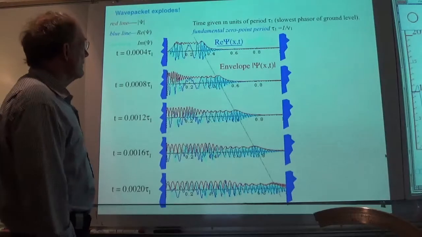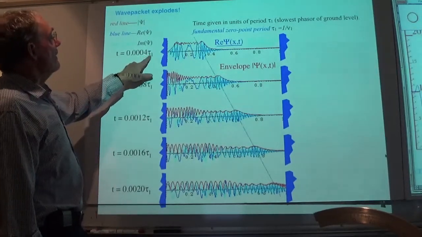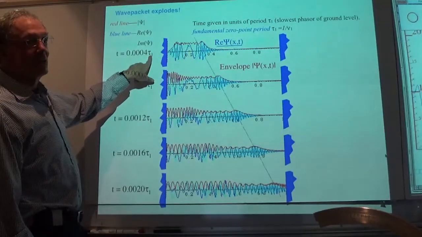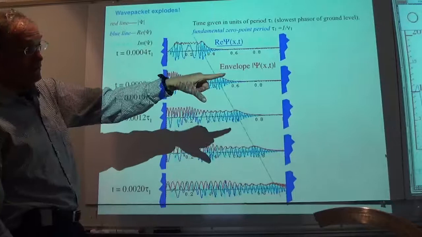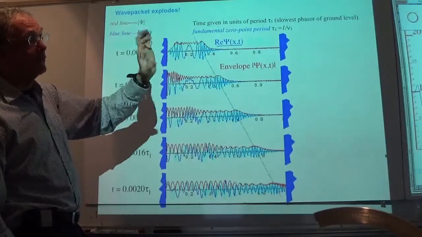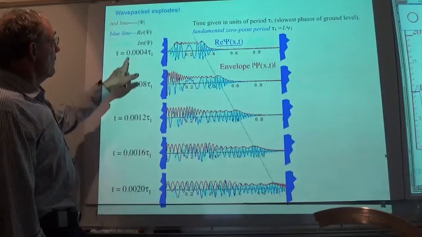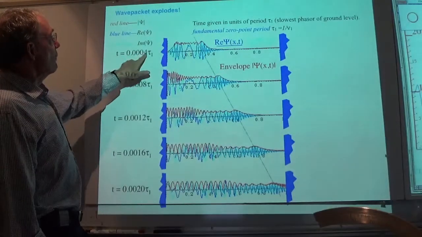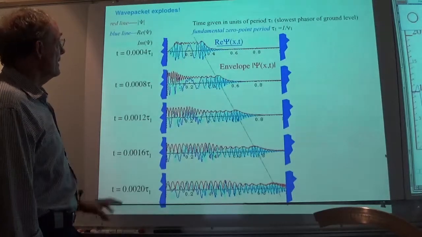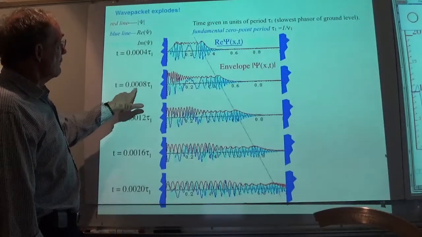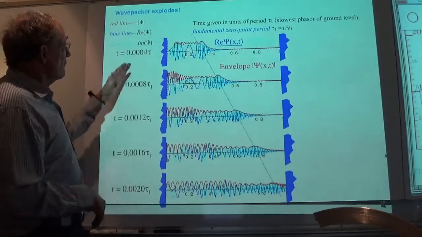So this is 0.0004 of the fundamental frequency, the fundamental frequency being that oscillation we were looking at between 0 and 1. We're talking about 4/10,000ths of the beat period.